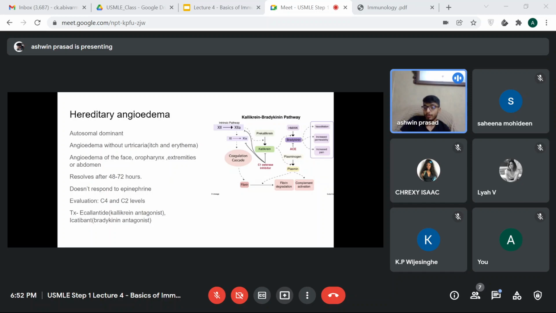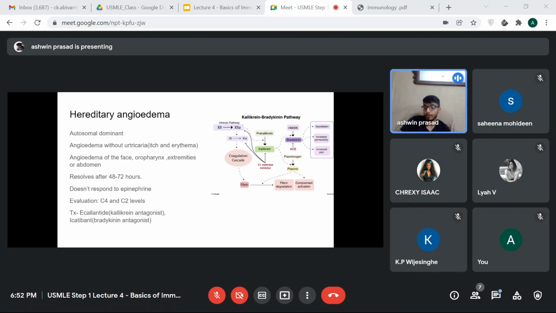So since patients with hereditary angioedema do not have C1 esterase, they cannot prevent the unnecessary formation of bradykinin, and hence more bradykinin is produced, and hence you have vasodilation, which is how you get the swelling, which is how you get the angioedema. More vasodilation and endothelial contraction, because of which there is more space between your blood vessel lining cells, and more plasma proteins and fluid leak out, and hence more swelling.